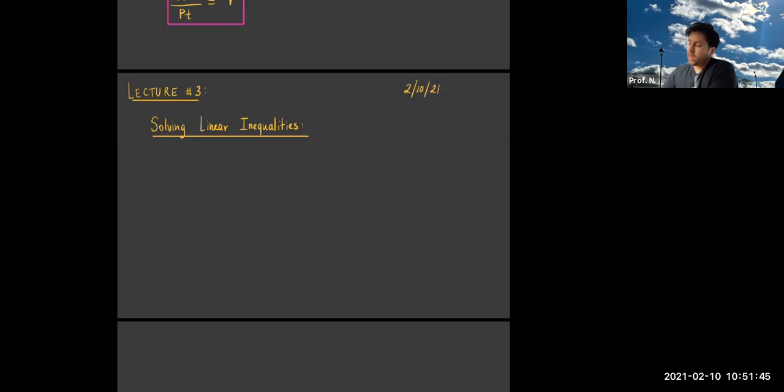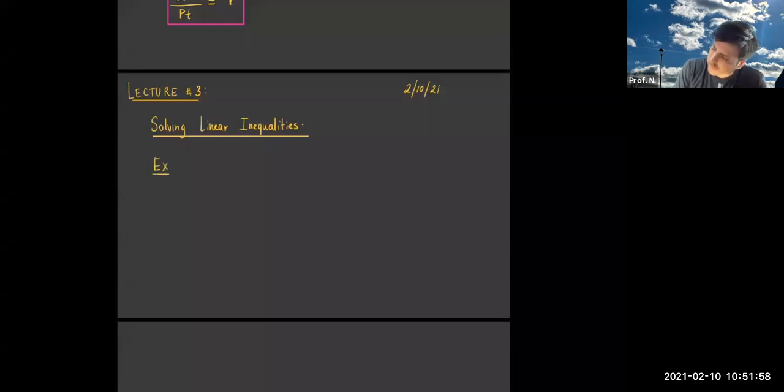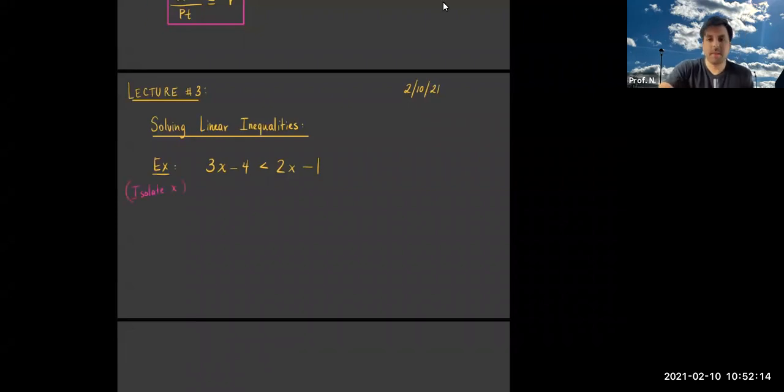So solving linear inequalities is very much the same thing, it's similar to solving equations. So let me give you an example. If I have this inequality, 3x minus 4 is less than 2x minus 1, the idea is I still want to isolate x. So I want to put all the x's on one side of the equation.